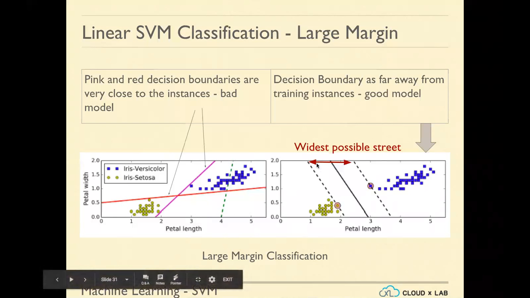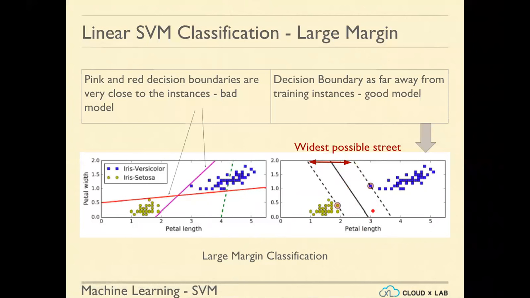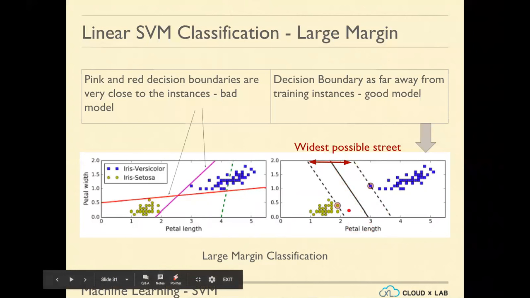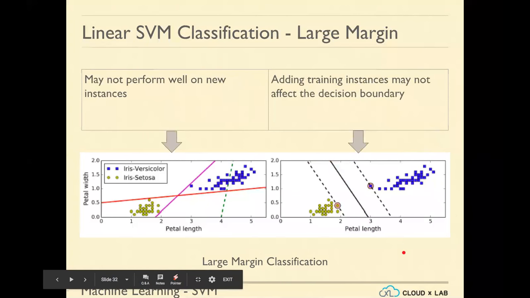So we are going to try to maximize this street. We will try to make it as wide as possible. So what we do is draw a line such that the margin is maximum.